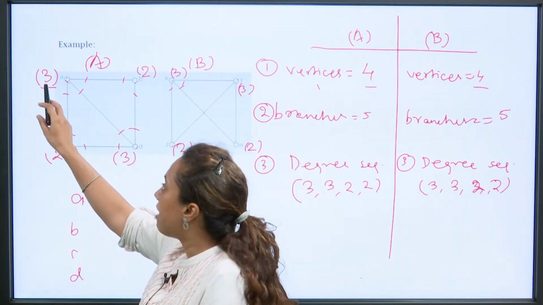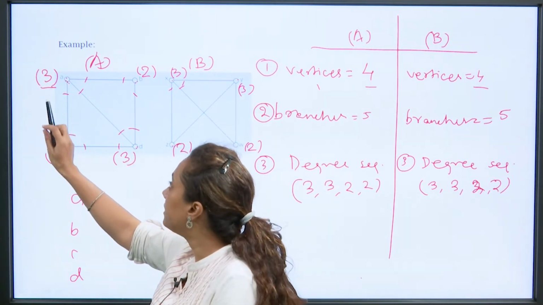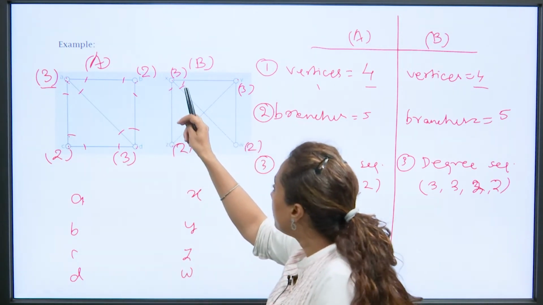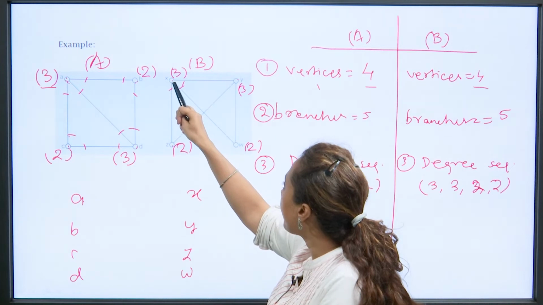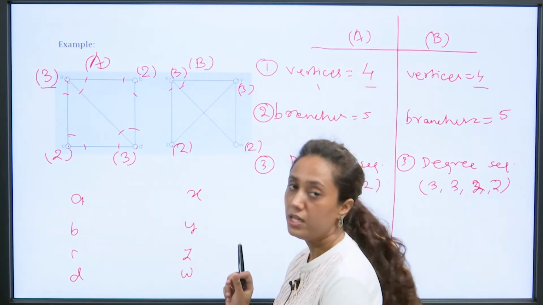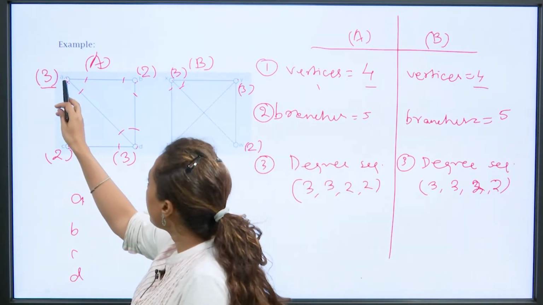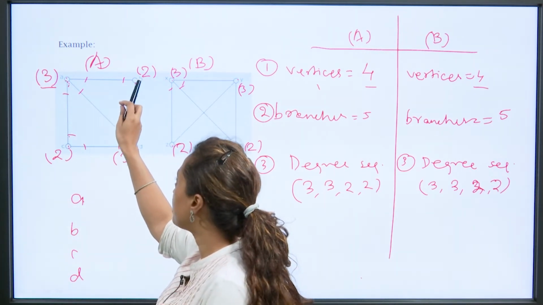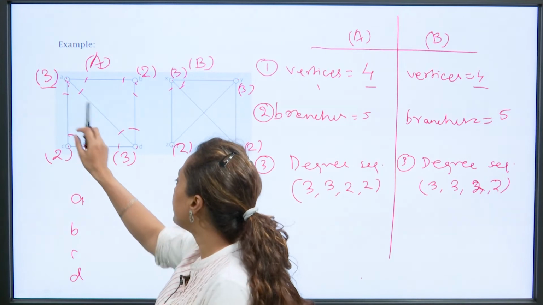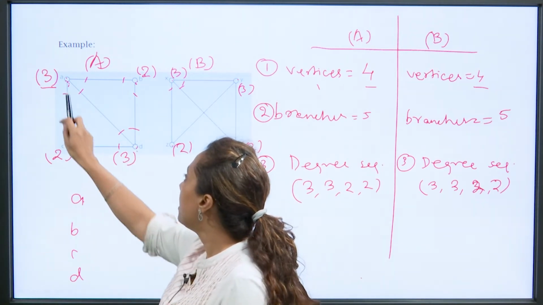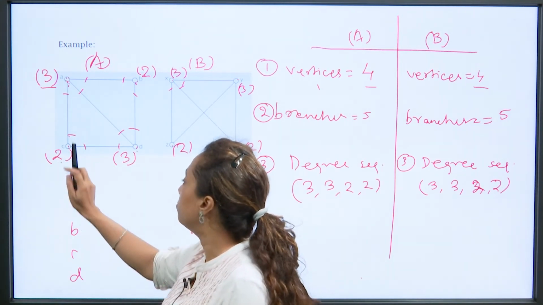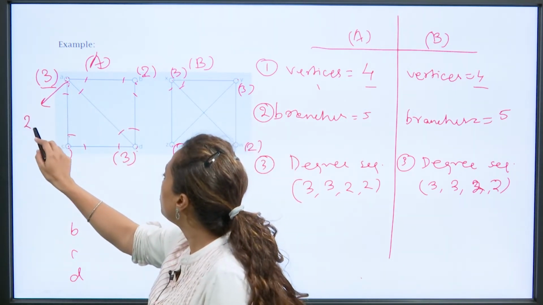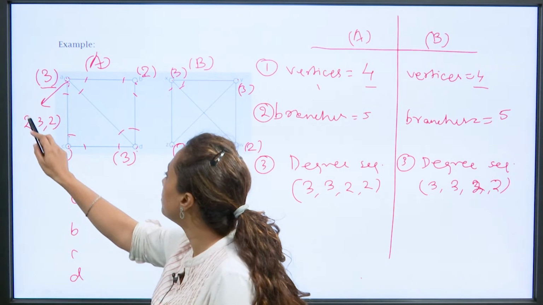This A is having the degree of 3, right. Now, we have to see that the degree of 3 is with X also and Y also, right. Now, we will see this A is getting connected with a node which is having 2 degree, a node which is having 3, and another with 2, means A is getting connected with 2, 3, 2, right.